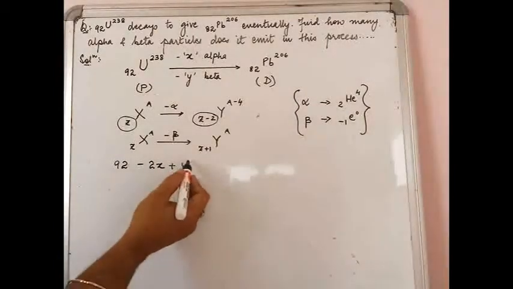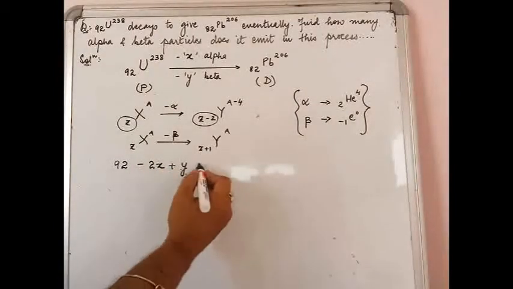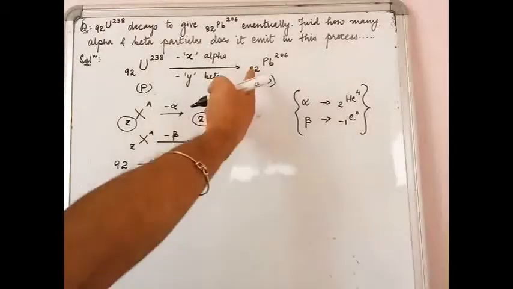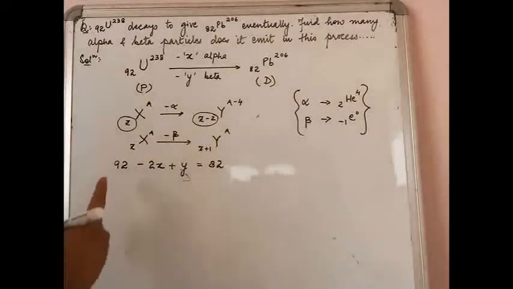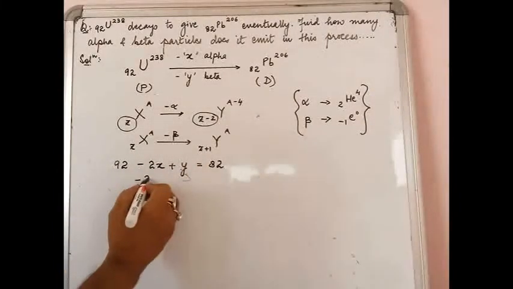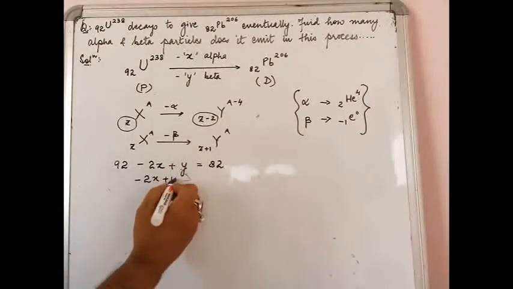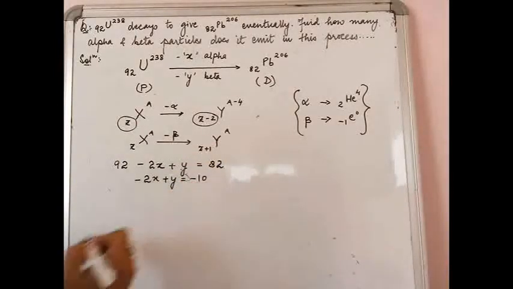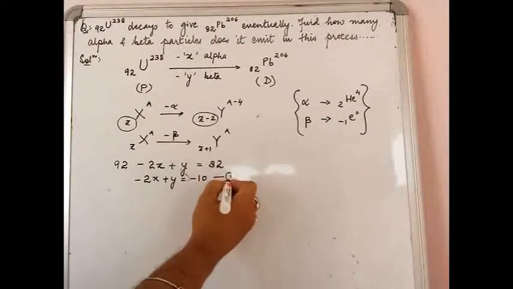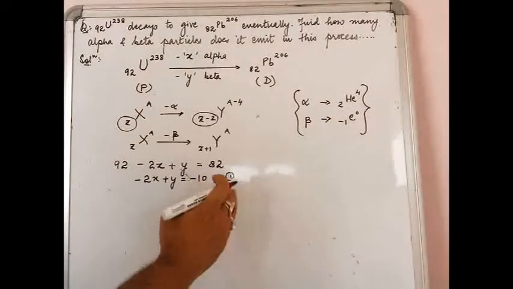Essentially this is the change that is taking place, and it is going to give you 82 in the end. So this equation gets reduced to: 92 can go to the other side, it will become minus 10. We can call this equation number 1.